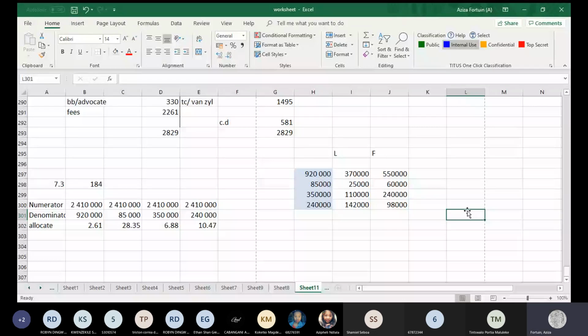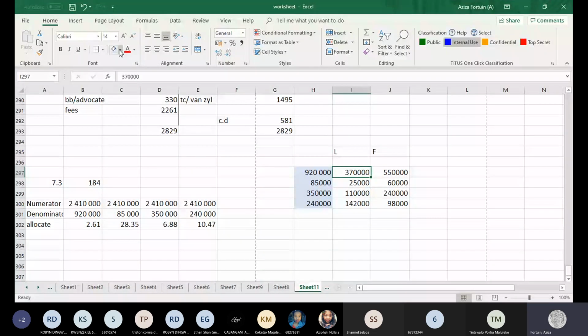So for this large umbrella of 370,000, what are we going to do with this 370,000? We know that the fixed overhead rate was 2.61, so 2.61 times 370,000.